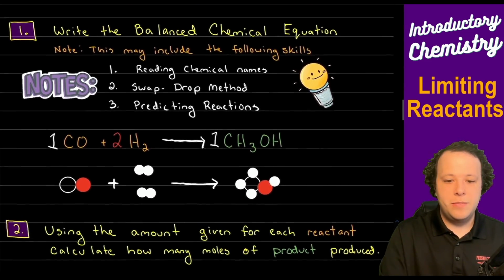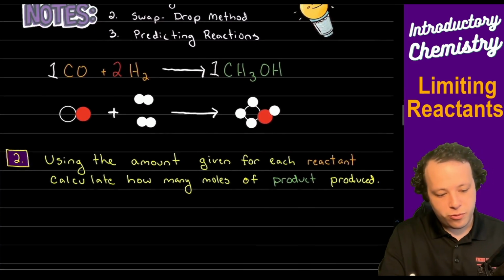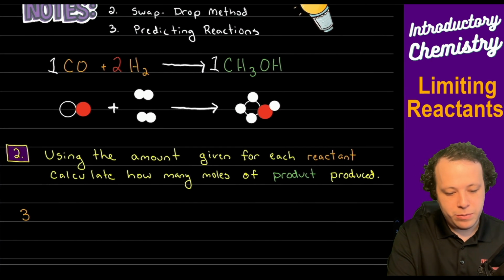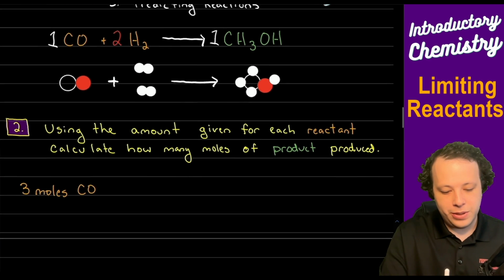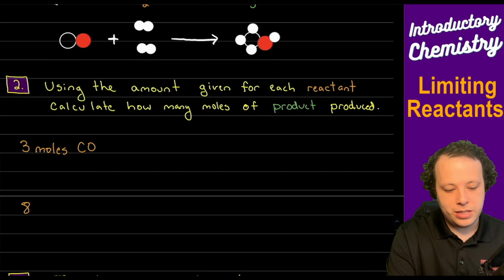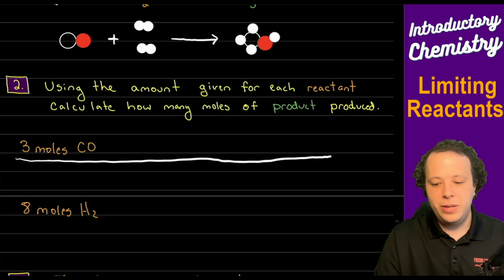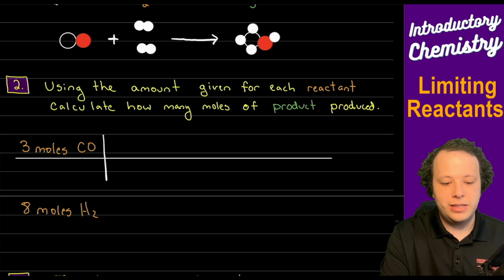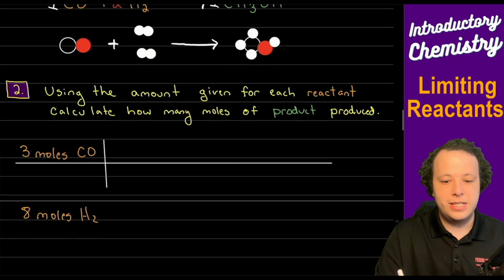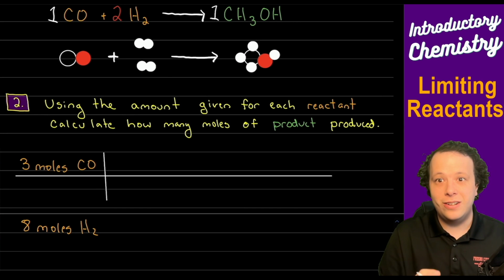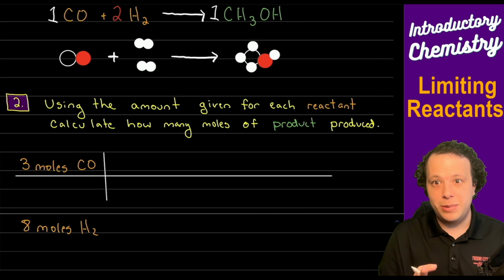With that being said, let's bring that down. So we had 3 moles of CO, and then we also had 8 moles of hydrogen. Our idea here is we want to see what's going to run out first. So we can set up our little conversion table to see exactly how this is going to run out, just like our cake recipe.